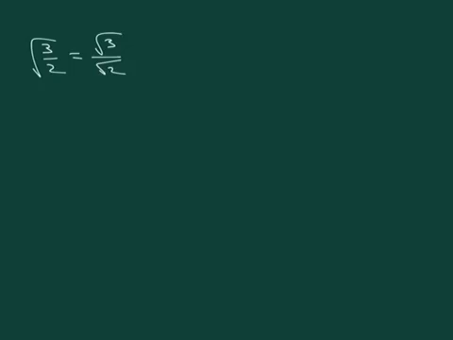All right, so the way we do that is, in order to get rid of this radical sign right here, we multiply both top and bottom by a number that when we multiply it times this number, the exponent becomes the same as the index.